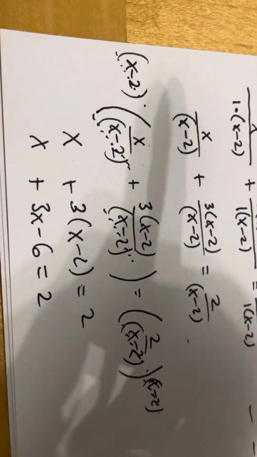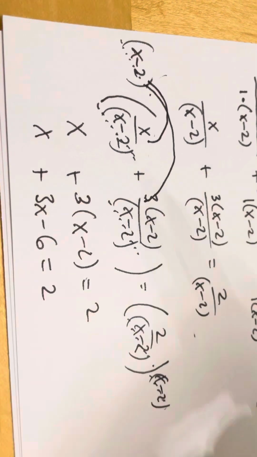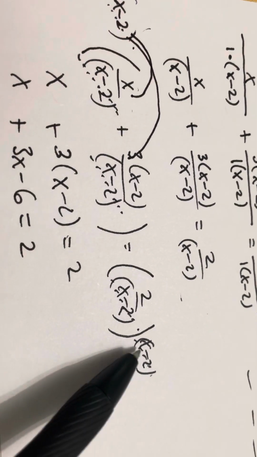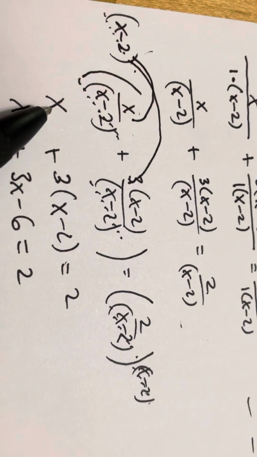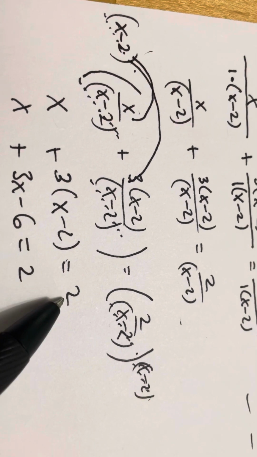And what we're doing here is we're distributing it to both sets of terms, and the denominators will end up canceling. And these denominators cancel, so we're left with x plus 3 times x minus 2 equals 2.